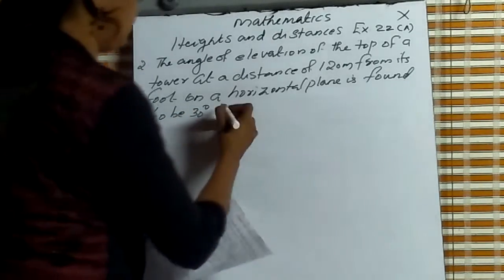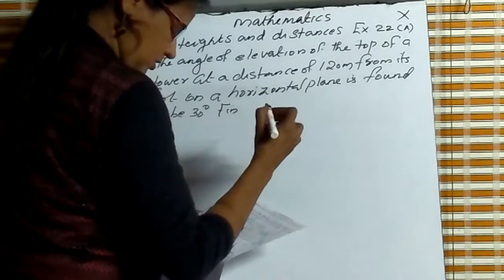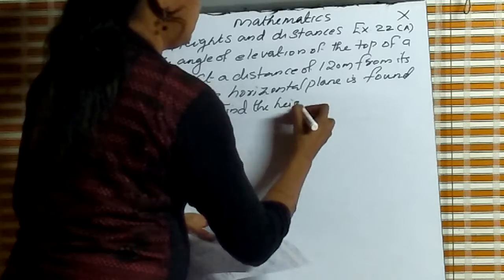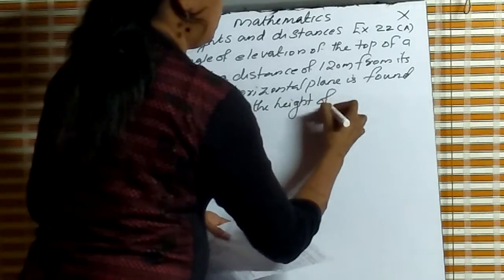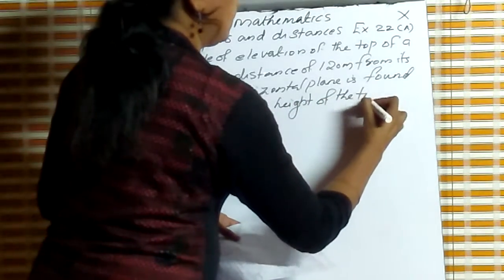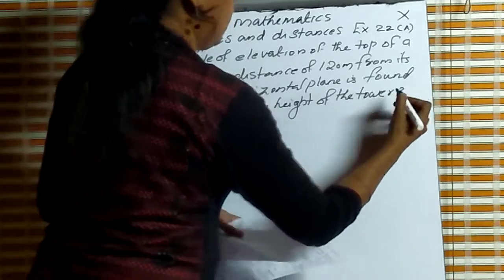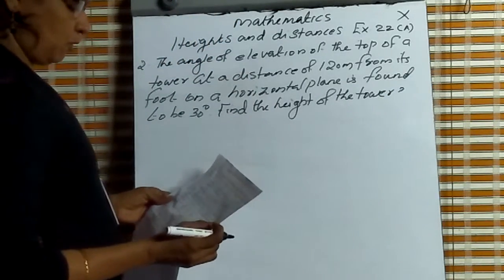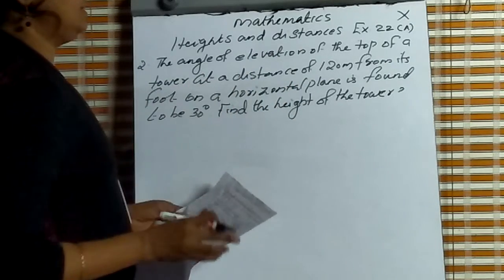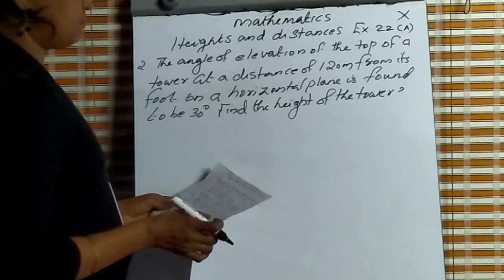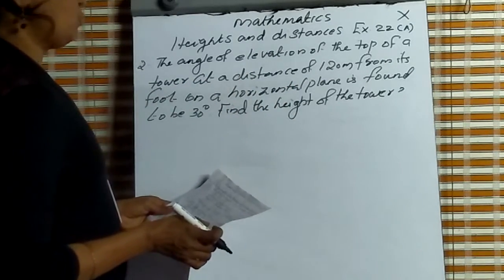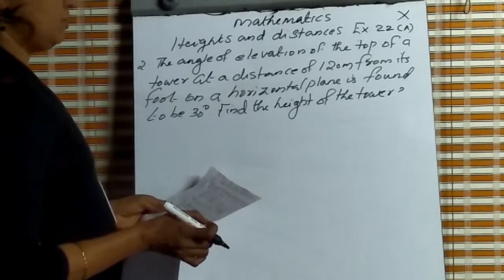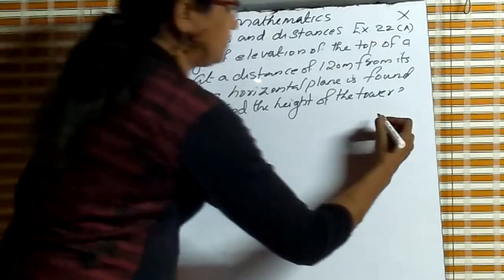Find the height of the tower. The angle of elevation of the top of a tower at a distance of 120 meter from its foot on a horizontal plane is found to be 30 degree. Find the height of the tower is the question.